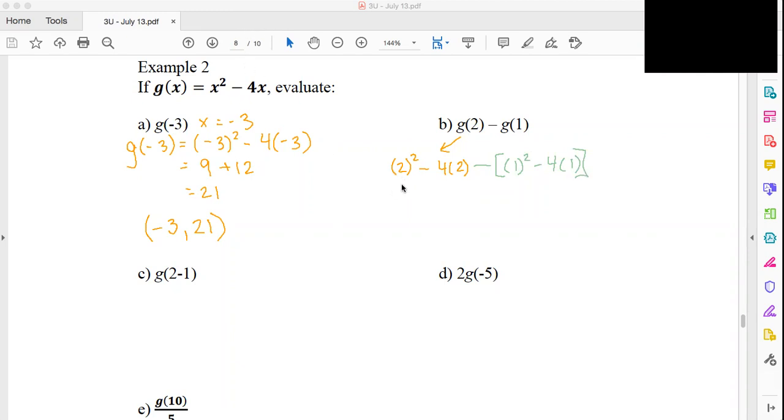Okay, so 2 squared is 4 minus 4 times 2 is 8. We're going to go back to our green. Make sure that it stays in bracket because of this negative. It's going to impact that a bit. Okay, so this is -4. So as you can see, this is the same function.